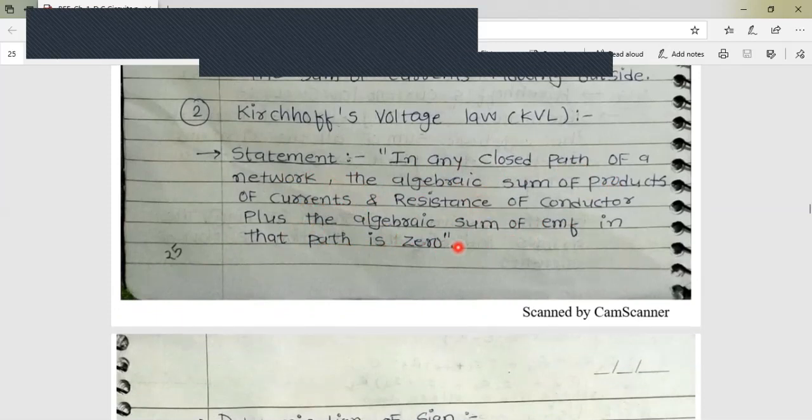We know that the product of current and resistance means voltage. So, in short, in any closed path of a network, the algebraic sum of all the voltages is 0. Or, according to that statement, the algebraic sum of products of currents and resistances plus the algebraic sum of EMF in that path is equal to 0.